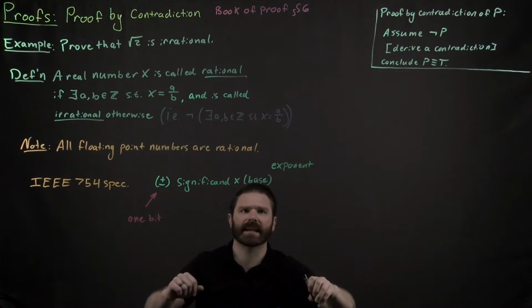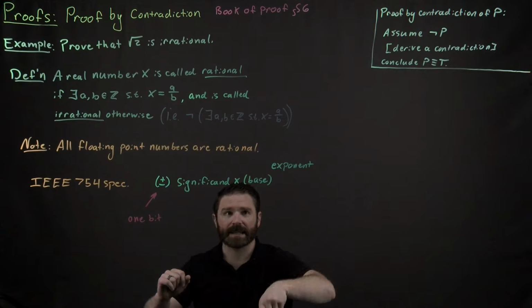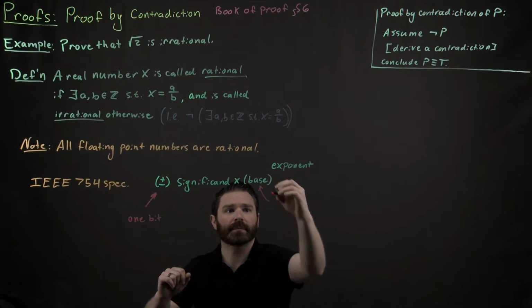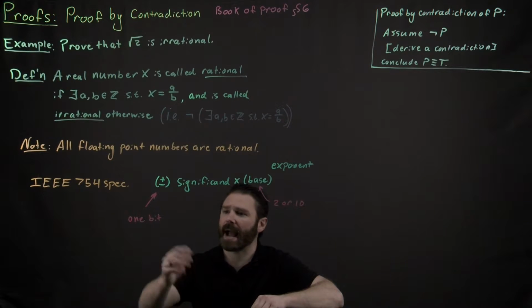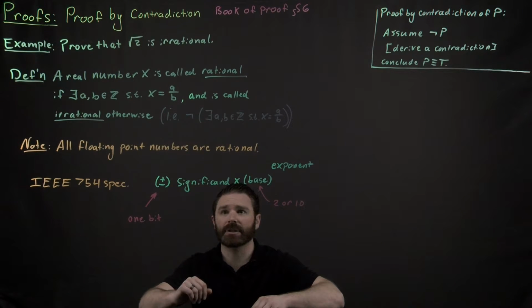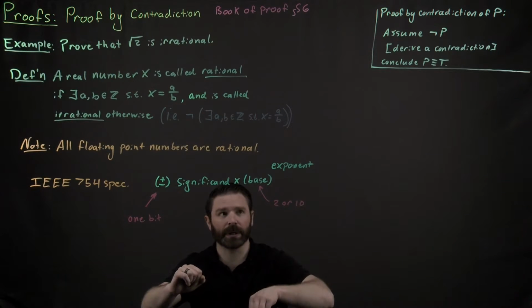So basically it's like scientific notation. With this specification, the base has to be either 2 or 10. And then you get to choose how many bits you devote to your significand and your exponent.